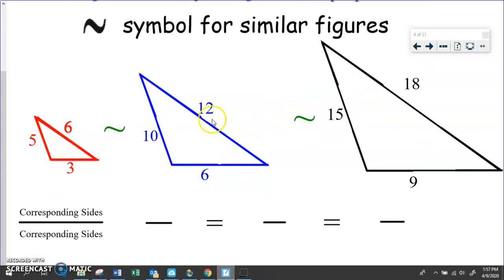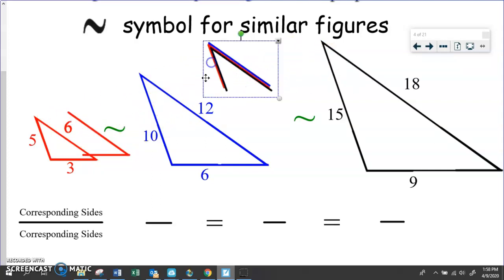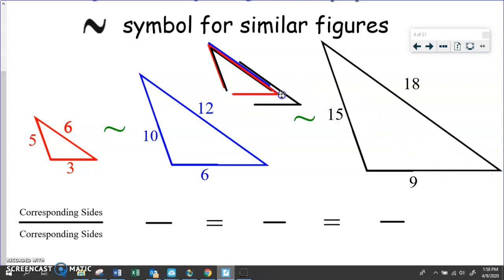And when we compare any of these triangles, all three of them have congruent angles. All their corresponding angles are congruent.